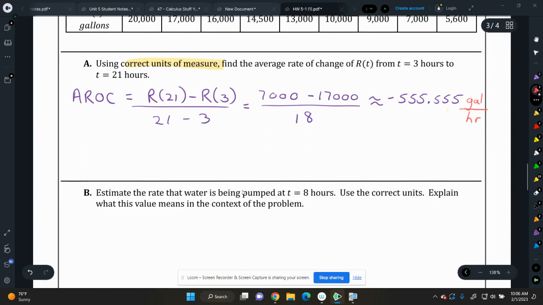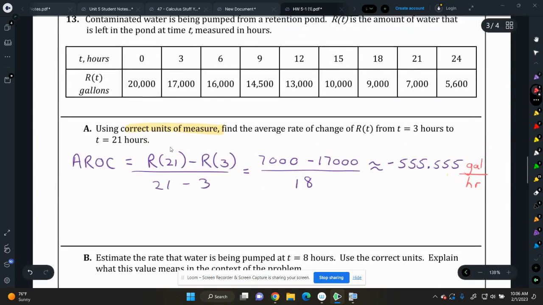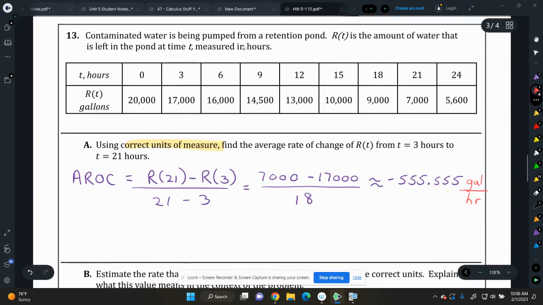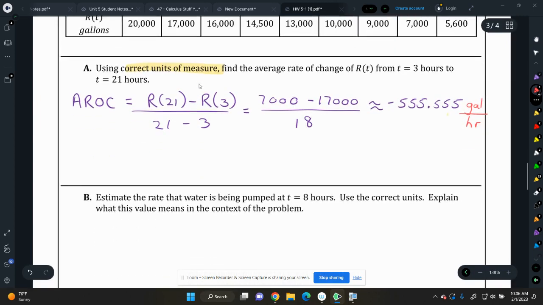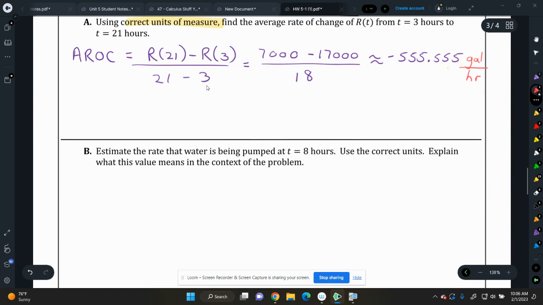Estimate the rate that water is being pumped at 8 hours. Okay, the rate that the water is being pumped. R stands for the amount of water left, right? So the rate that it is being pumped refers to the rate of change in the amount of water. So we're looking at R prime of 8. It says estimate.